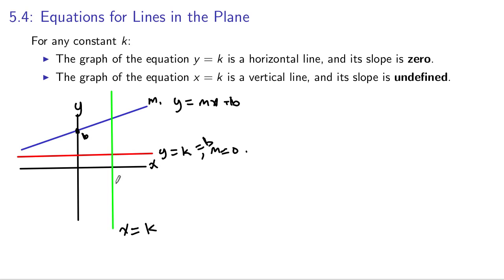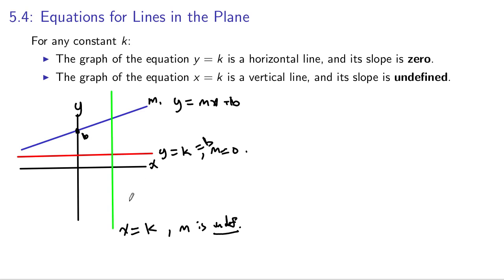And the constant will be where the line goes through the x-axis. So if it's 3, then the line would go through x equals 3. If it were negative 2, it would go through x equals negative 2. In this case, the slope is undefined. It has no definition because the run is 0.